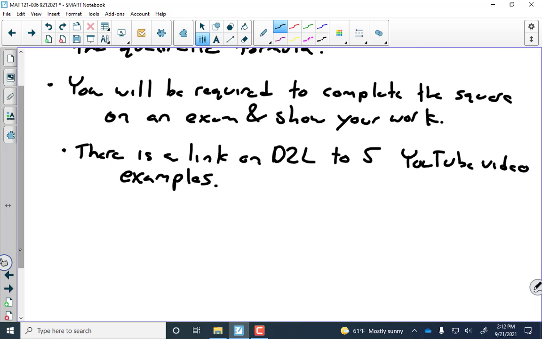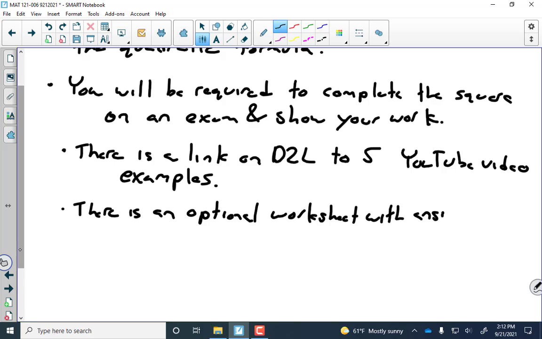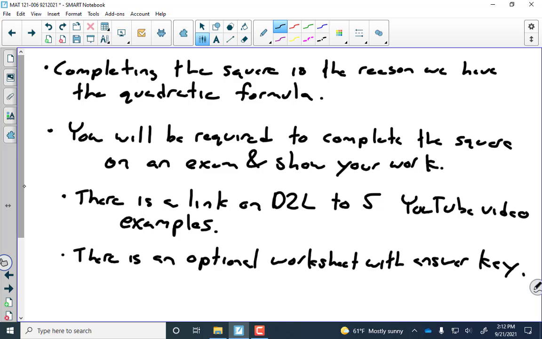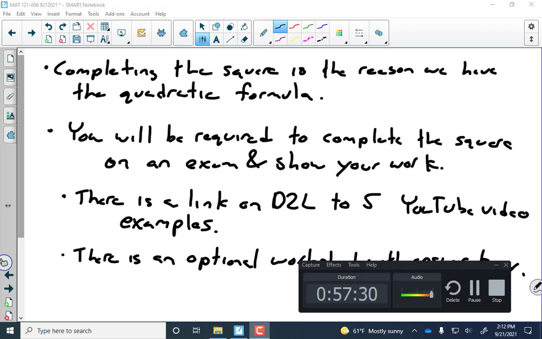And there is an optional worksheet with answer key. And we're not done with this, everyone. I'm going to do a couple more for you, of course. That was just the first one. But I just want you to know that after today's class, when you're sitting there wondering, I wish I could see more of this because he told me it was going to be on the test, I wish there were more examples. There are more examples for you to look at, of course.